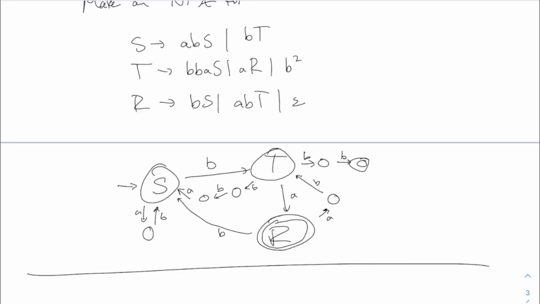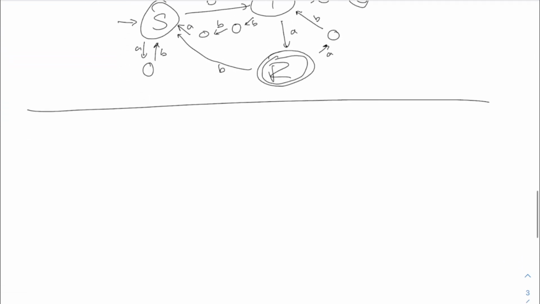To talk about all grammars without any kind of requirements on the structure is very difficult. There's a very important class of grammars that we're going to be talking about in quite a bit of detail, and that is called the context-free grammars.